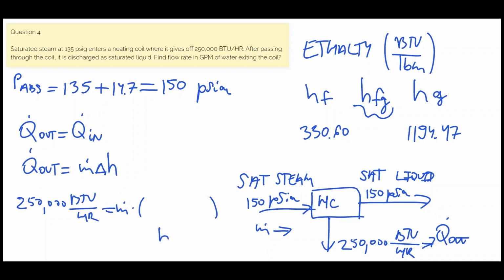In this case, the difference in our enthalpy is HFG. If you go directly from the table, this value is 863.83. If you want, you can subtract the two values between gas and liquid as well. And the measurements are BTU per LBM.